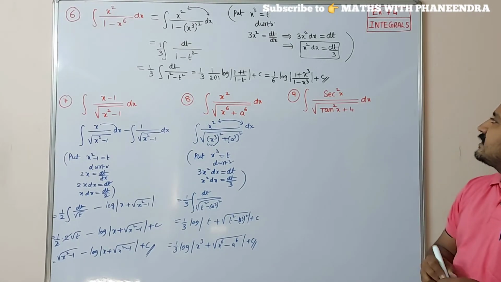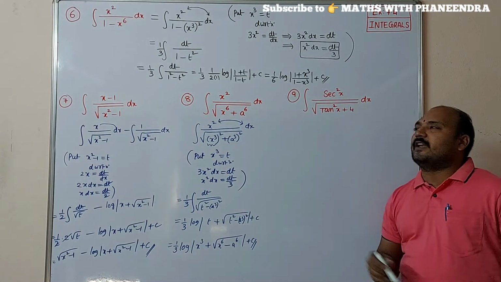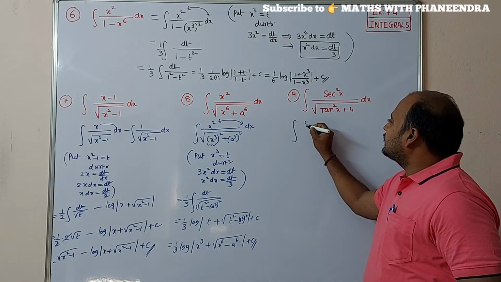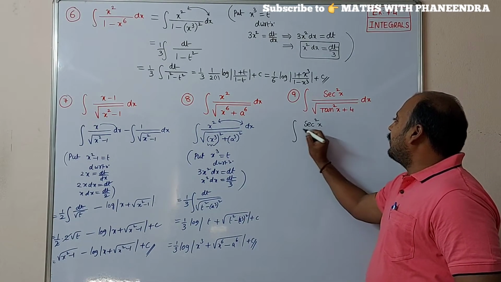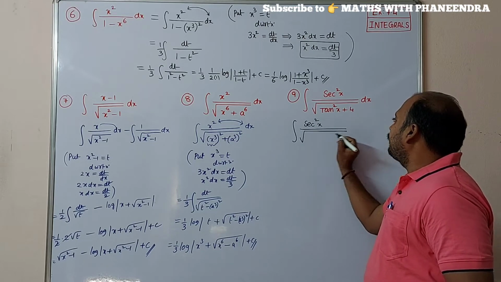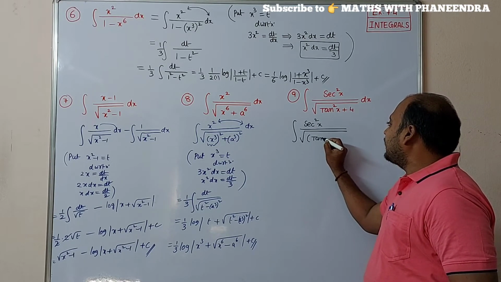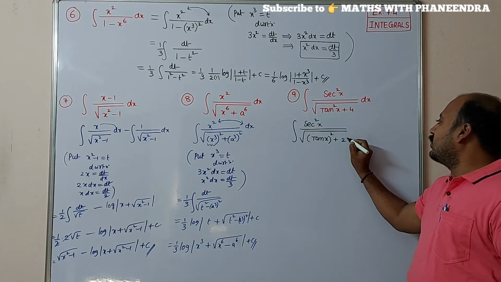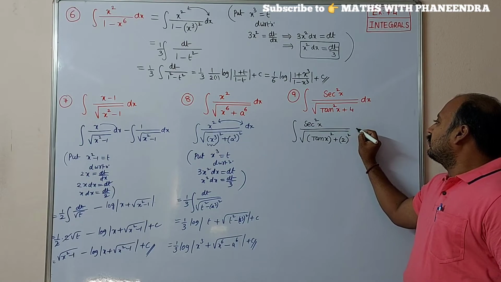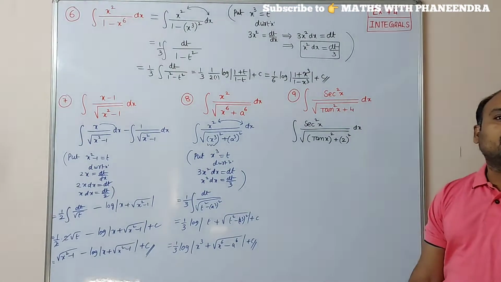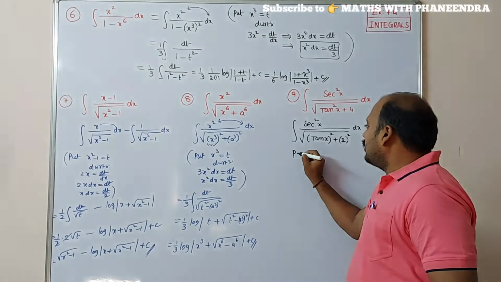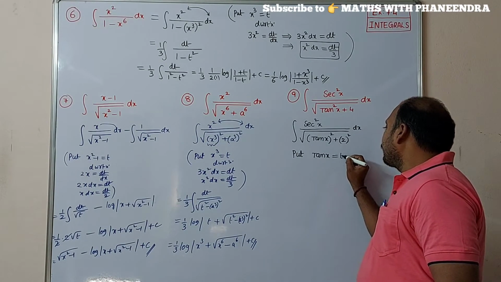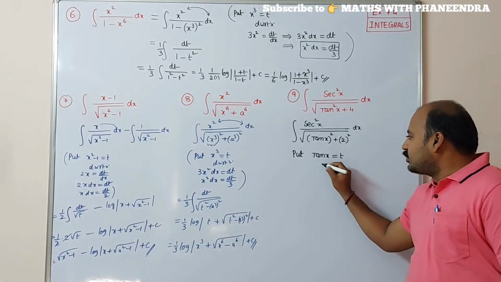Integral secant square x by square root of tan square x plus 4. See, first we can write it like this: integral secant square x by square root of tan x whole square plus 4, which can be written as 2 square, into dx. So put tan x is equal to t, differentiate with respect to x.